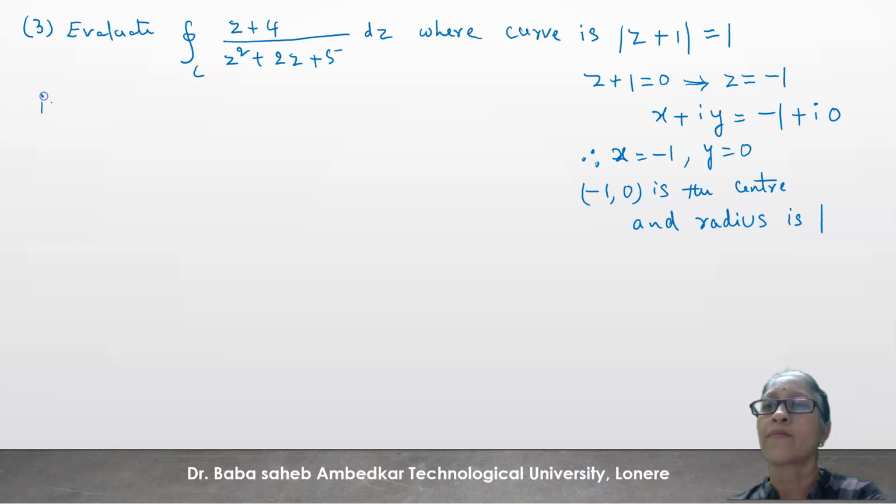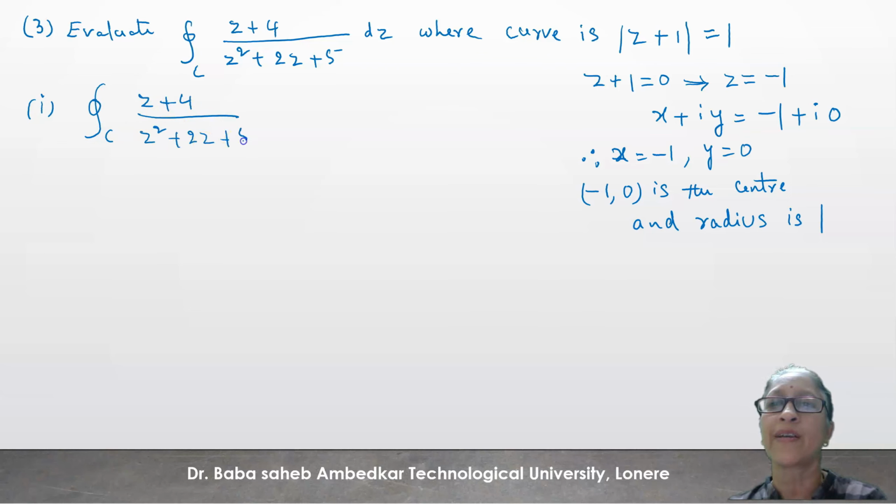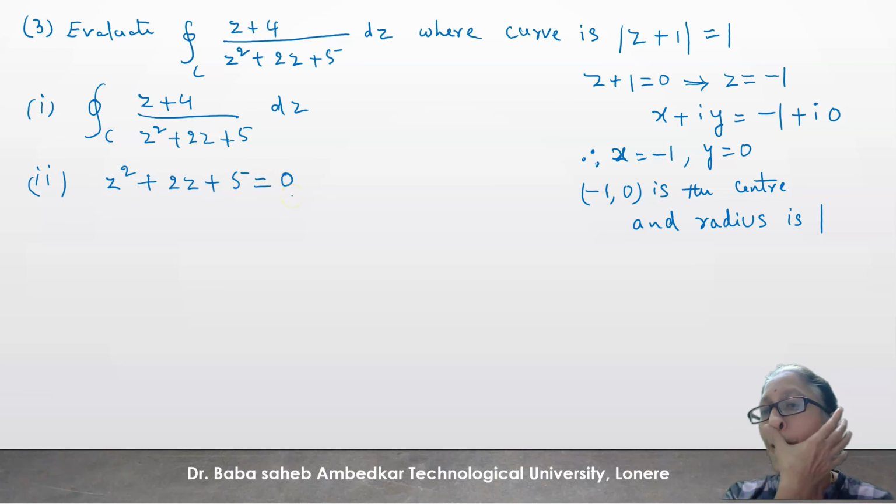Now first step, let us write the given integral. Contour integral of z plus 4 by z square plus 2z plus 5 dz. In the second step, we find singularities by equating this denominator to 0. So here equate z square plus 2z plus 5 to 0. Here we have to find the value of z.